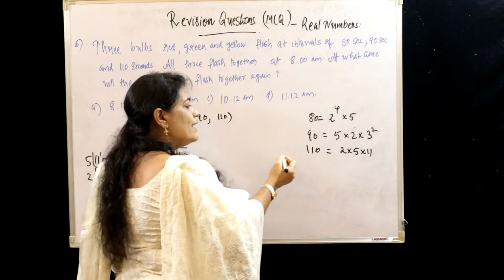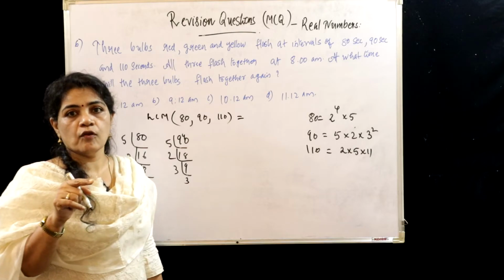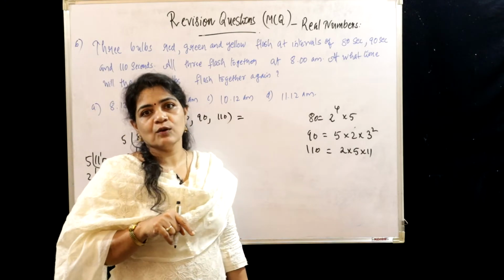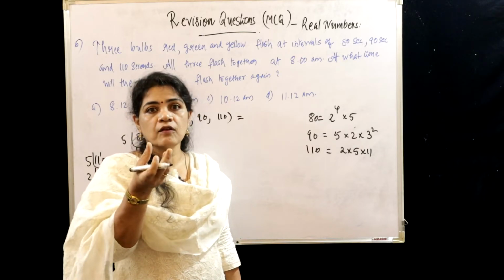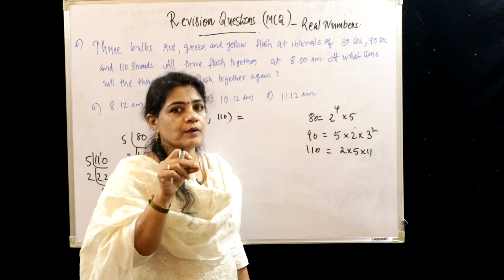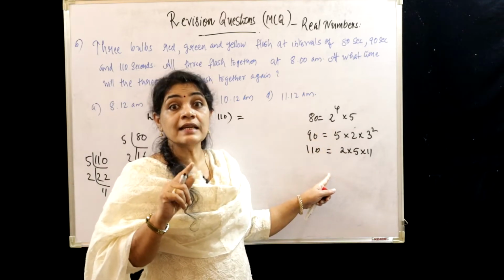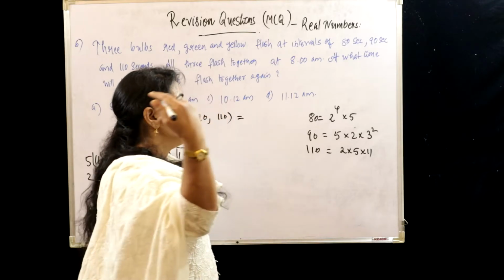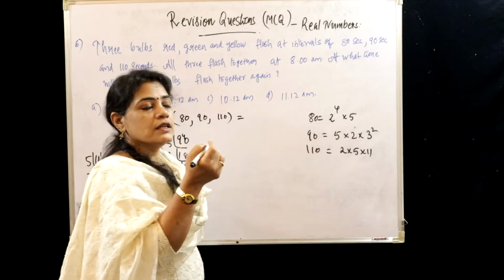Then to get the LCM, you have to get the product of the greatest power of each prime factor that occurs. In the HCF, we take the common prime factors and the product of the least powers. But in LCM, it is the product of the greatest powers, and we have to consider each prime factor. So 2, the greatest power is 2 raised to 4.